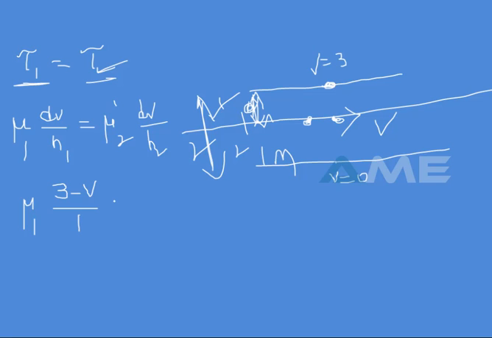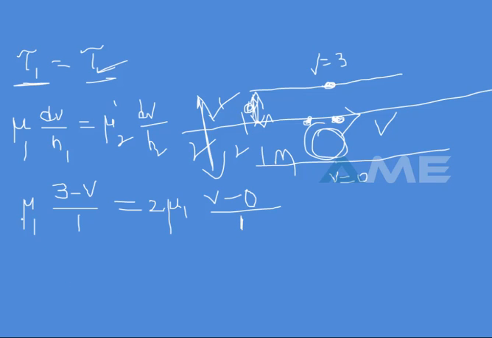That equals mu 2. What is your mu 2 value? It is 2 times mu 1. What is the change in velocity in this particular fluid? It is v minus 0, changing from v to 0, divided by the height, which is again 1.